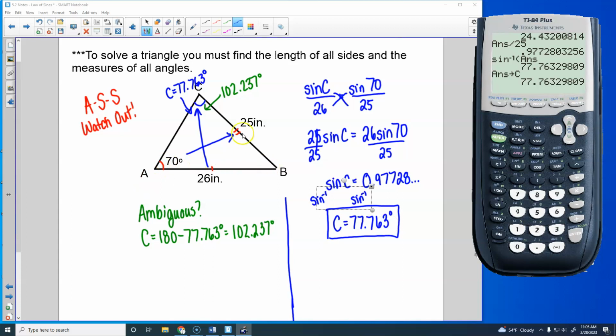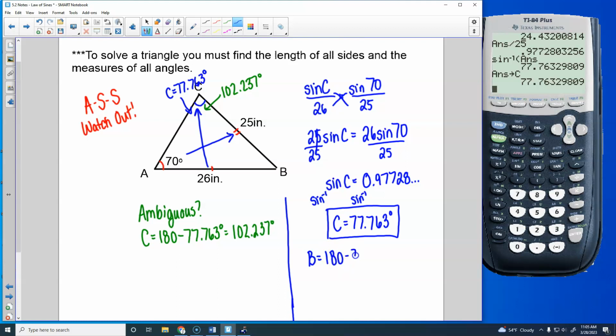So if I want to find all the other pieces, B is going to be very easy to find. It's just going to be 180 minus 77.763 minus 70 degrees.